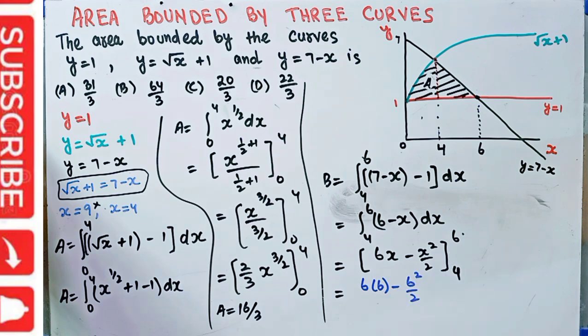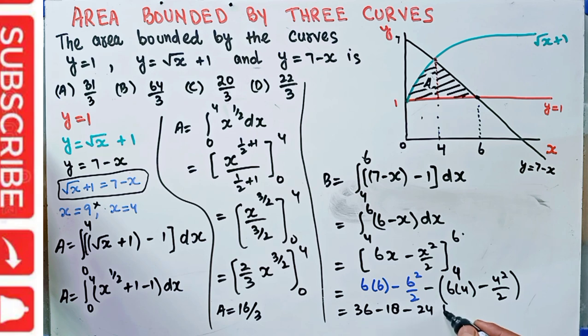Then we subtract and evaluate it at the lower limit. So we have 6, then in place of x we have 4, then minus, in place of x again, 4 squared upon 2. First we evaluate it at the upper limit, then we subtract the value at the lower limit. So this is 36 minus 36 upon 2, which is 18, minus 24, minus into minus is plus, 4 fours are 16 upon 2 is 8.